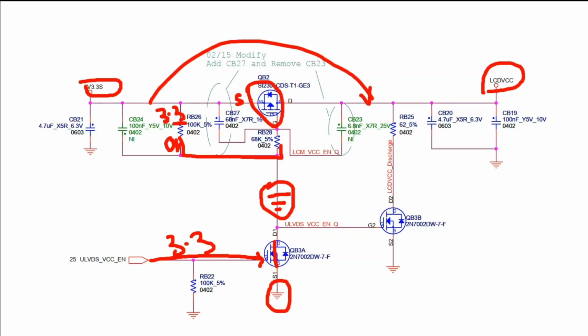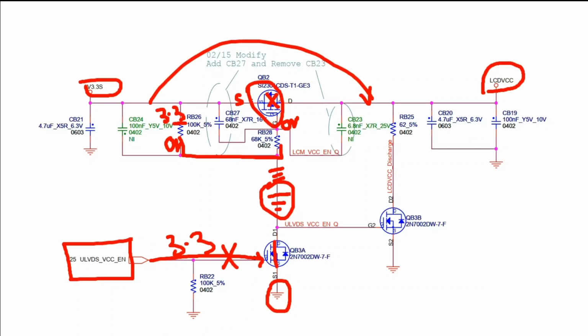And at this time, when the gate is at 0 volt, the P channel MOSFET will start conducting the voltage to that side. In this case, there is no voltage present at this point here. We need to check why there is no voltage at this side, which should be 3.3 volt. Mostly the signal comes directly from the PCH, from the LVDS section.